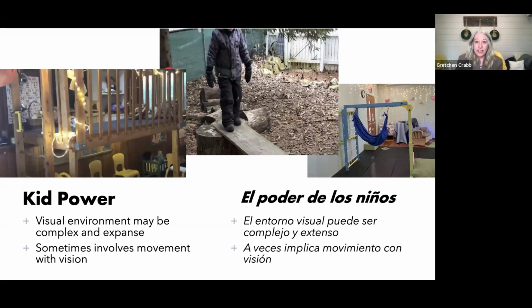But it also offers lots of different opportunities. You can see on the right side here an example of a play gym that's inside, right? So especially helpful on those rainy days and snowy days where you might not always be able to get outside. But you can see how there's a womb space created as well inside of a kid power area. Same thing for the loft on the left.